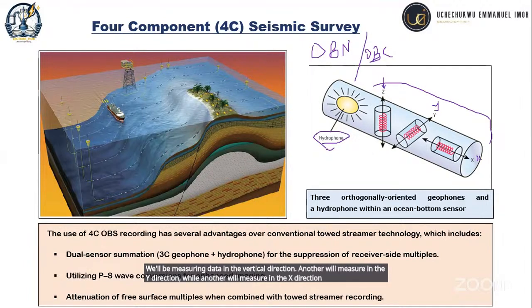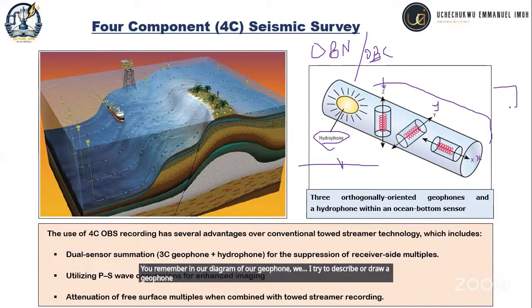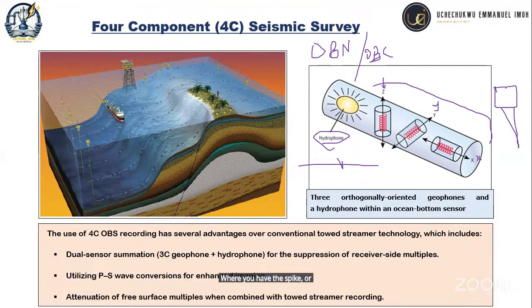What this means is that, you remember in our diagram of our geophone, I tried to describe or draw a geophone like this. It was shown like this, where you have the spike or the leg of the geophone, a spring, and a coil, a magnet, and a coil around the magnets. If you remember this image somewhere in this talk.